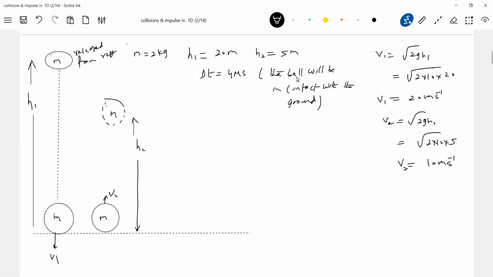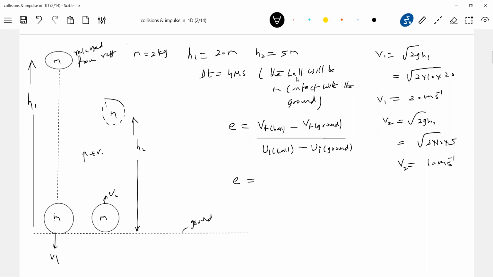Then let's define the coefficient of restitution. So what is the state of the ground? Ground will not move. Then applying the coefficient of restitution formula, E equal to final velocity of the ball minus final velocity of ground, by initial velocity of the ball minus initial velocity of ground. This is the first time I'm showing it. This is the final velocity of the ball. Upward, let me take positive.